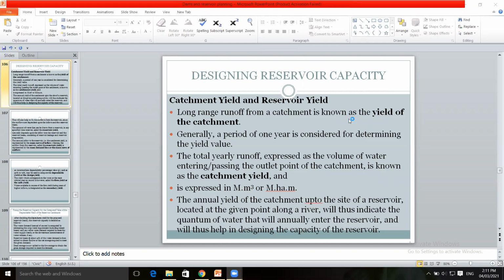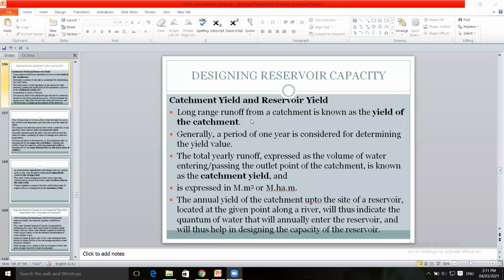So what is the yield of the catchment? The long range runoff from a catchment is known as the yield of the catchment. Yield of the catchment is the long range runoff or water which is stored in the catchment area. Catchment means the area enclosed by water, the reservoir, the water stored in the reservoir, the runoff.